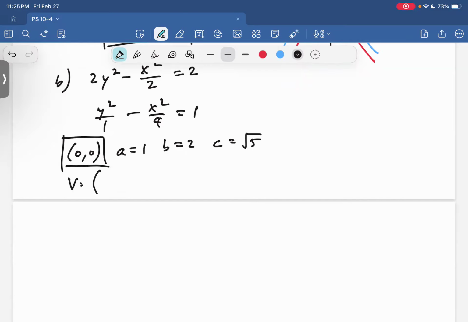Now this is a vertical hyperbola, so the vertices are going to be up and down of the center. So it's going to be 0 plus or minus 1. And the foci are going to be 0 plus or minus root 5.